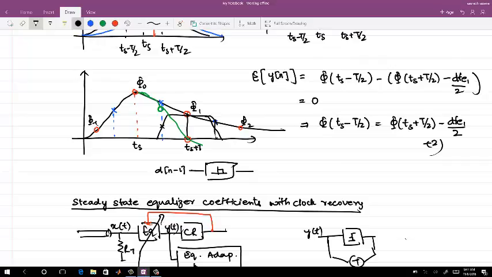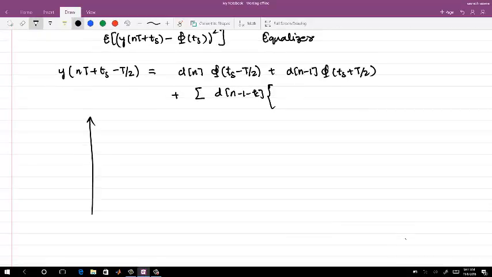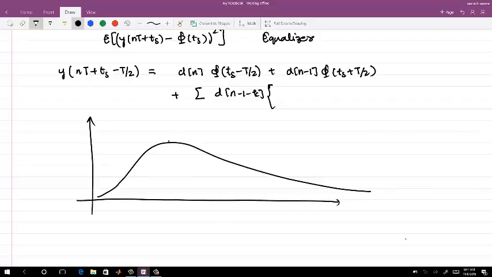For the second post cursor, what do you think will happen? Let's draw that again, I think that will be much better. All these are edge points, and these are data points and edge points.